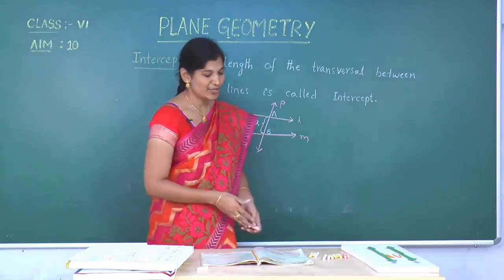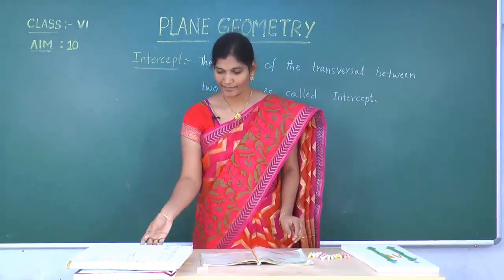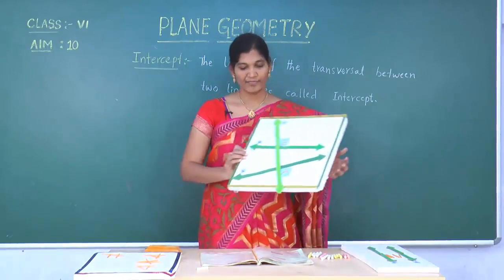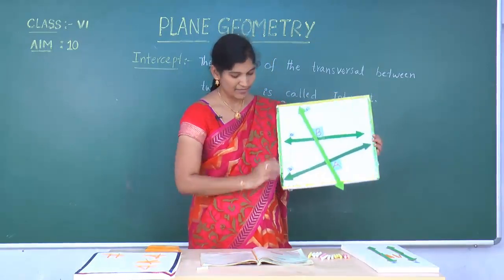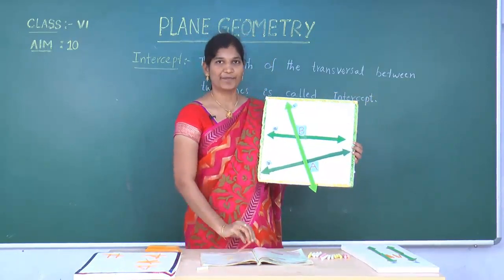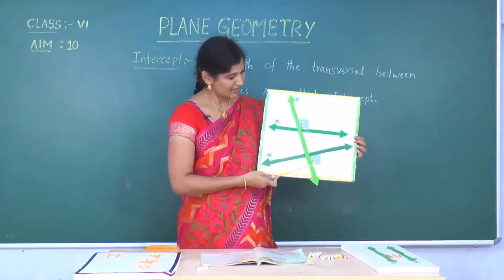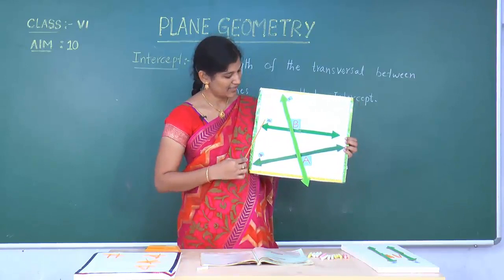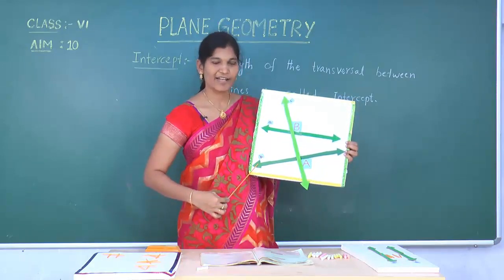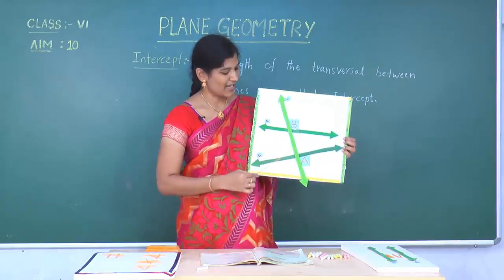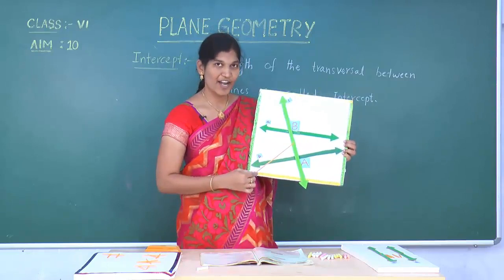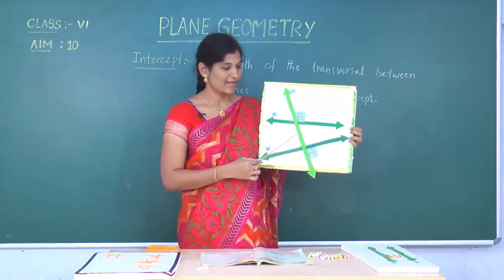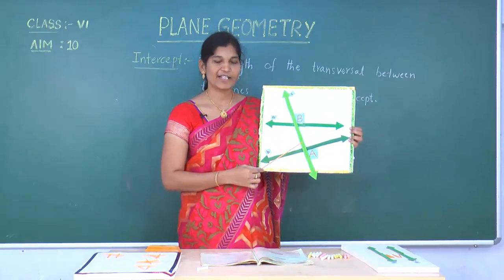And now let me show you diagrammatically by an activity. Can you see 2 lines here? Yes, this is the line A and this is the line B. And here is a line which is called a transversal. Why do we call it a transversal?